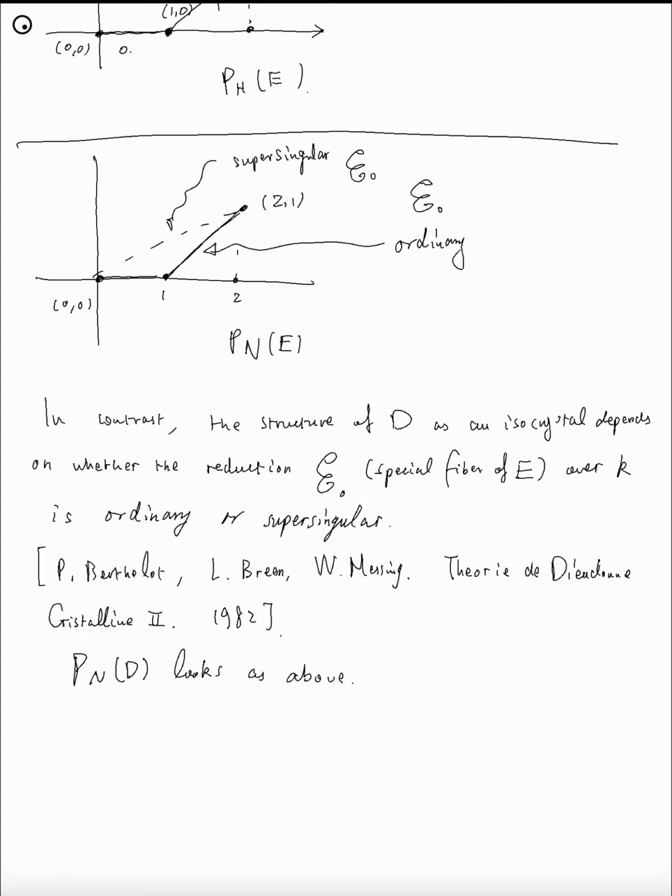So in particular, we see that the endpoints of this Newton polygon and the Hodge polygon coincide, and the Newton polygon, in whatever case, lies above this Hodge polygon.